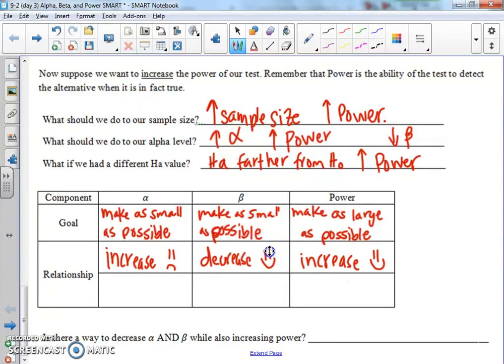So notice that as alpha goes up, beta goes down, and power goes up. So alpha and power always do the same thing. Beta is always the opposite, because beta and power have that 1 minus relationship.